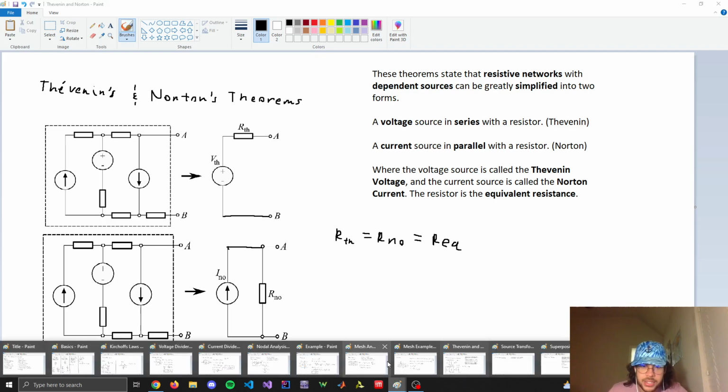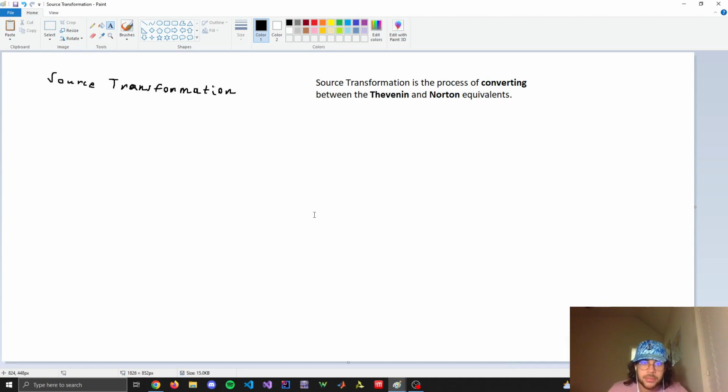So that's Thevenin's and Norton's theorems. And then source transformation would be the process of going between these two types of circuits. Remember, the Thevenin equivalent looks something like this, where that's the Thevenin voltage, and this is the equivalent resistance.